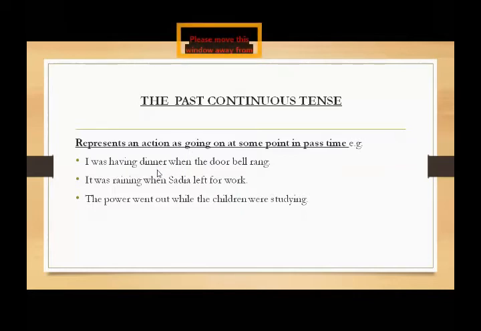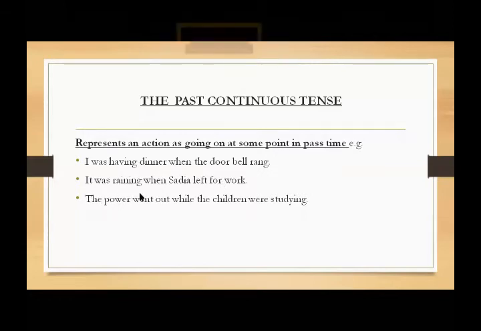So this is past continuous tense. It was raining when Sadia left for work. So it represents an action as going on at some point in past time, past time.